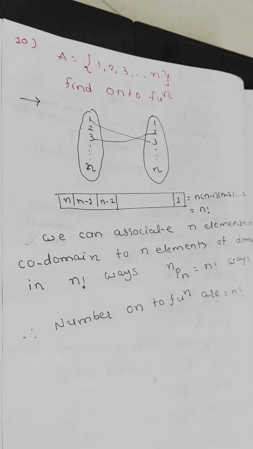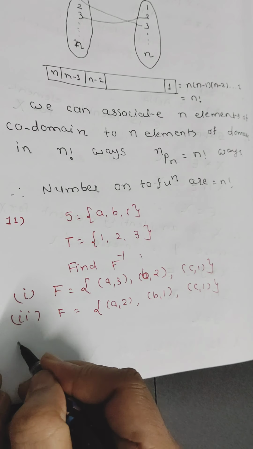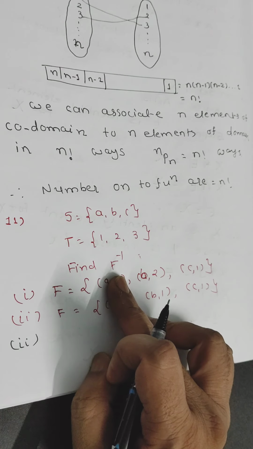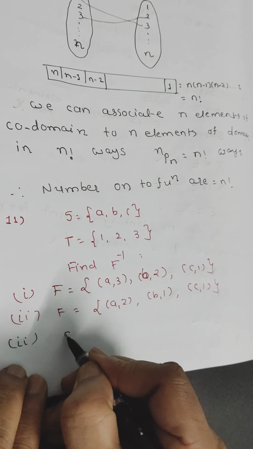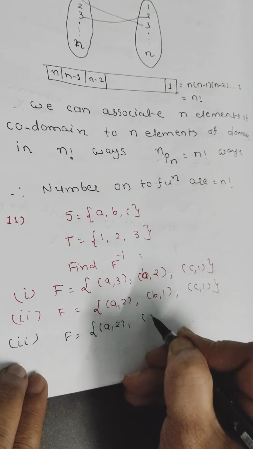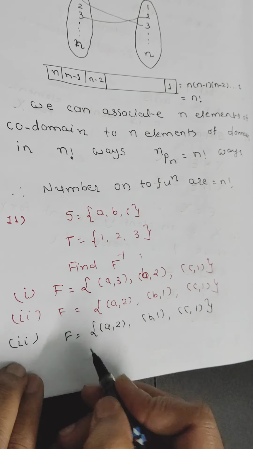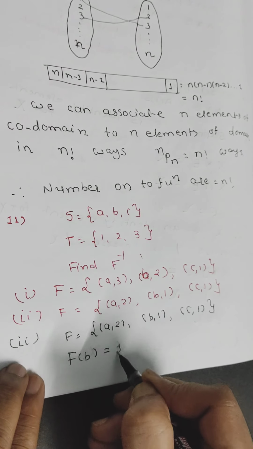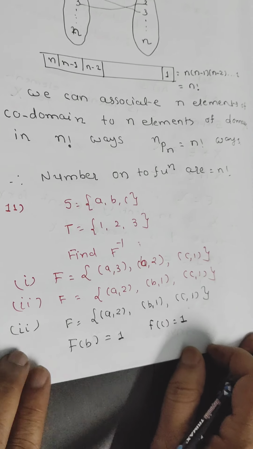Now the 11th. First I will adjust the second one. Before I find f inverse, I have to check whether it is 1-1 or not 1-1. So f is given like this: a to 1, b to 1 and c to 1. So f of b is equal to 1, f of c is also equal to 1.